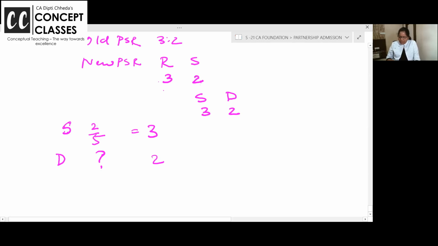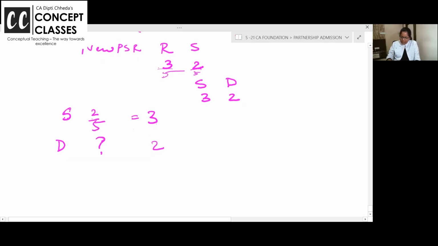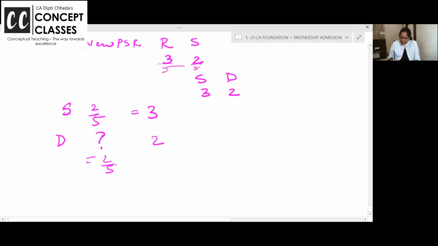What is Storm's ratio? This is 3/5, this is 2/5. 2/5 is 3, so how much is 2? So 2/5 into 2 divided by 3.